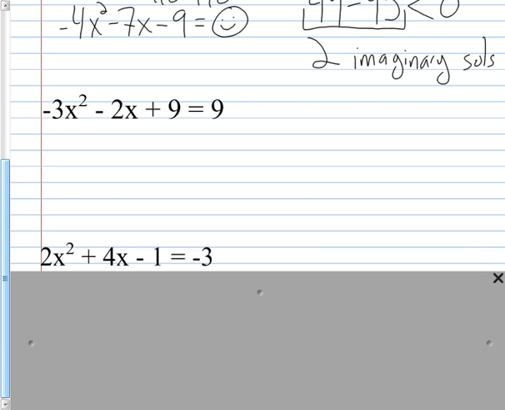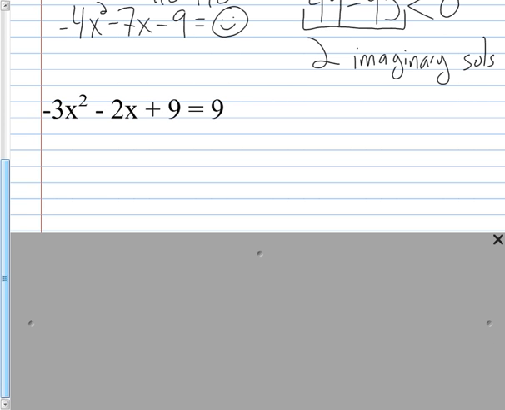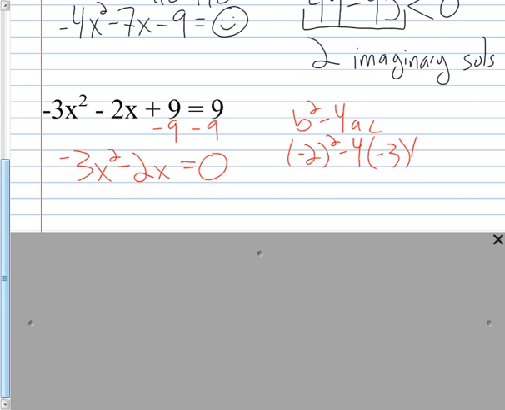All right, so if you look at this next example, same deal. If it's equal to 0, we can go, but it's not. We need to move the 9 over. So -9 minus 9 is -3x squared minus 2x equals 0. So b squared minus 4ac. Let's see, b squared would be -2 squared minus 4 times a times c, which is just 0.